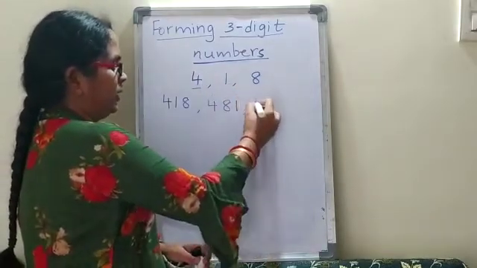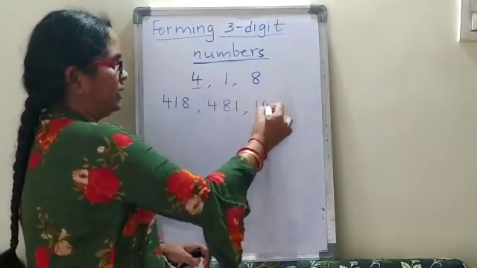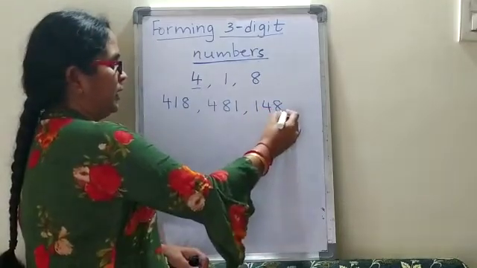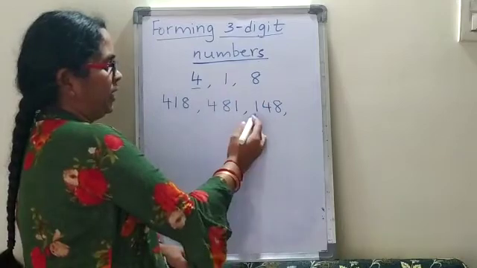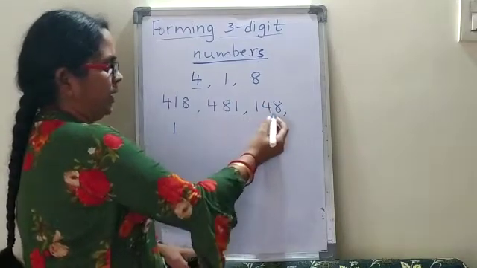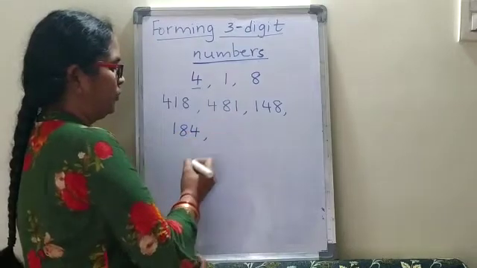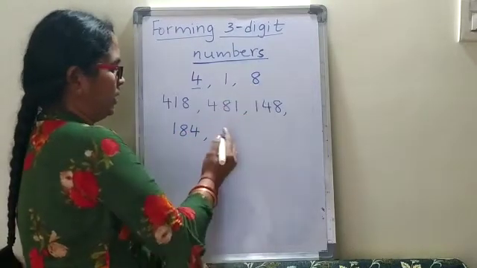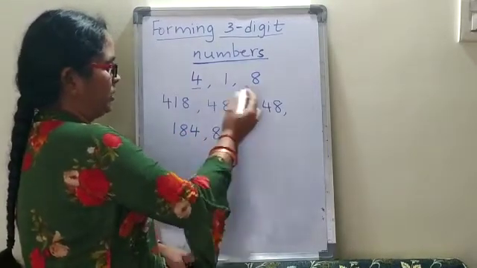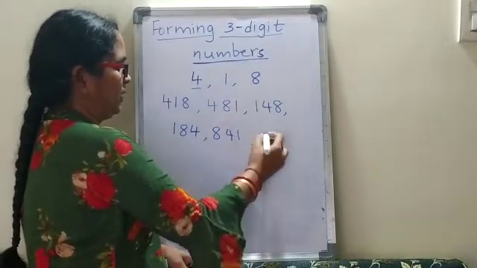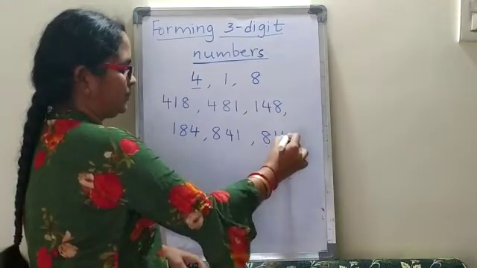So starting with 1, I can write 4, 8, that is 148, and I can write again, starting with 1, interchanging these two numbers, 184. Now again starting with 8, we can write two more numbers, 841 and 814.